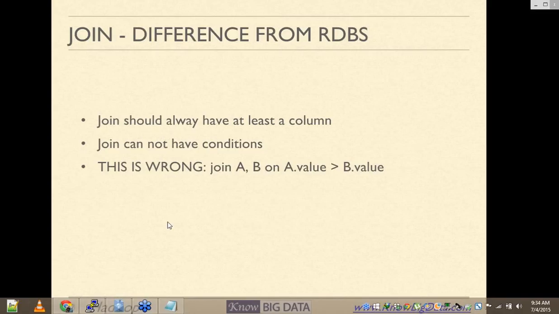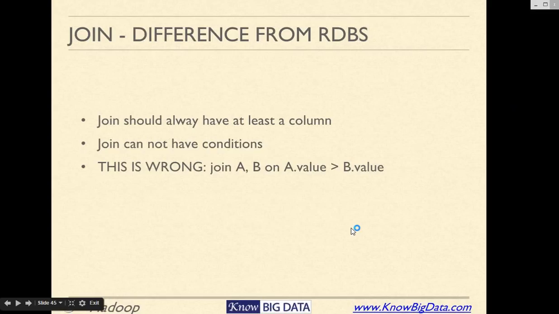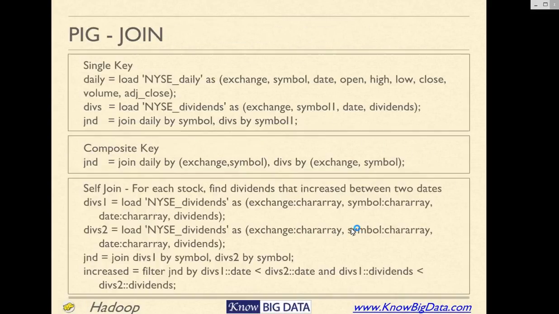And joins cannot have conditions. You cannot say, join A comma B on A dot value greater than B dot value. You cannot do that. If you want to do something like this, you have to first join A and B on something, and then you do a filter, right? Like we did in the previous slide.